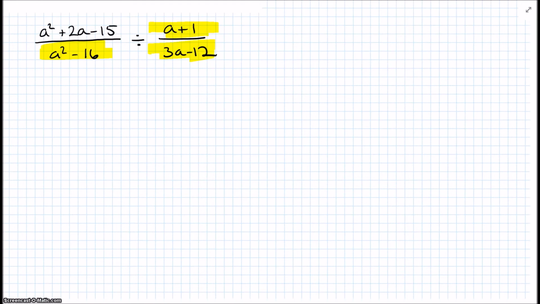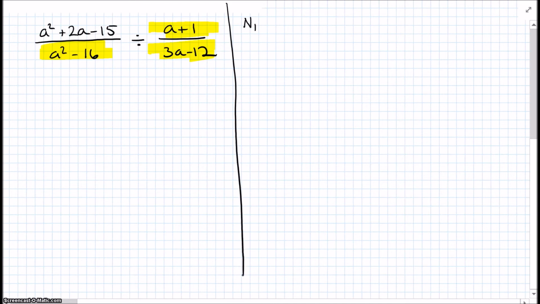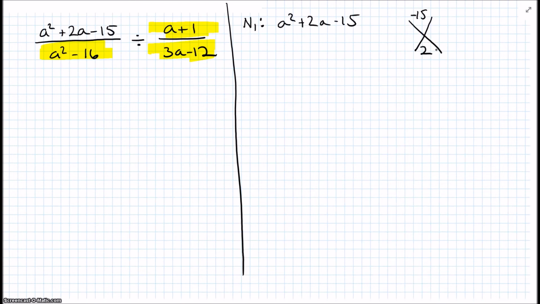So let's simplify. Let's look at numerator 1. Numerator 1 is a squared plus 2a minus 15. So let's factor that guy. My a times c value is negative 15. My b value is 2. So two numbers, positive and negative, that have a product of negative 15 and a sum of positive 2.